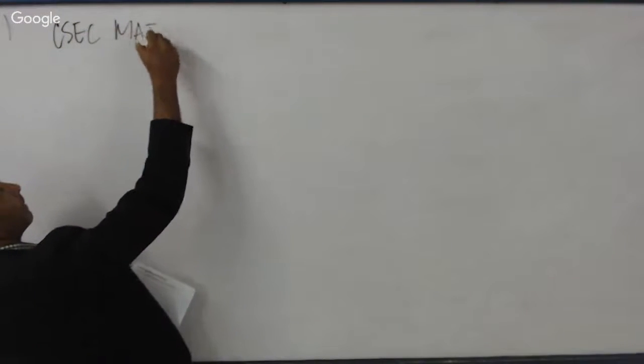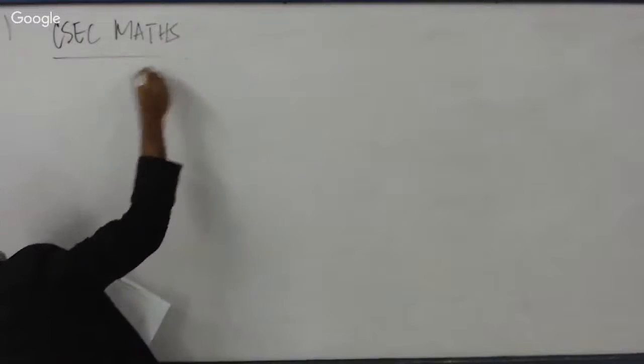So question 1, solve for x. You can just check your answers. You can also make corrections and give your marks if you wish. It gives you an idea what's going on.